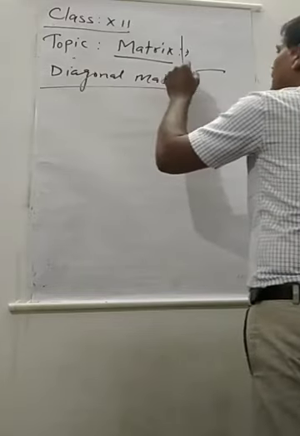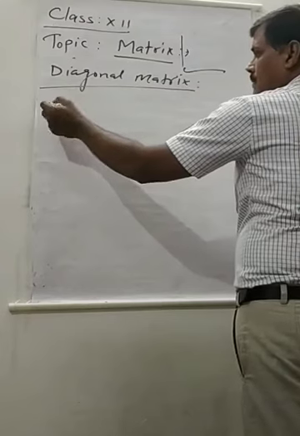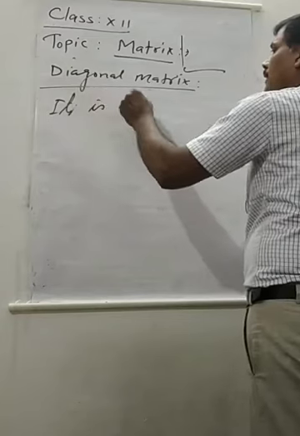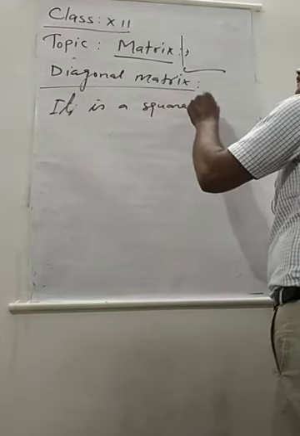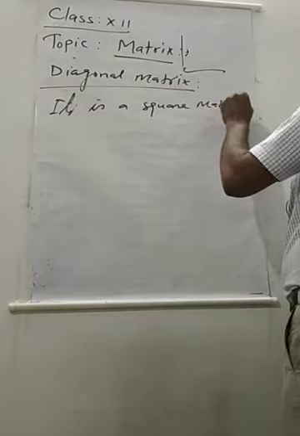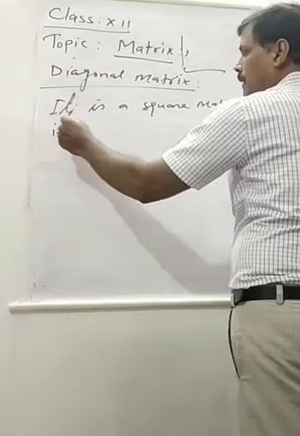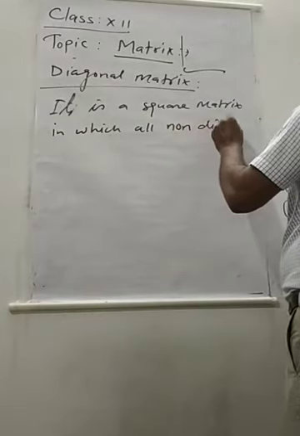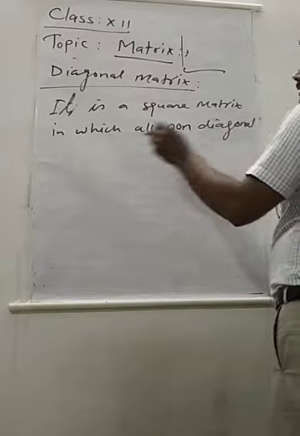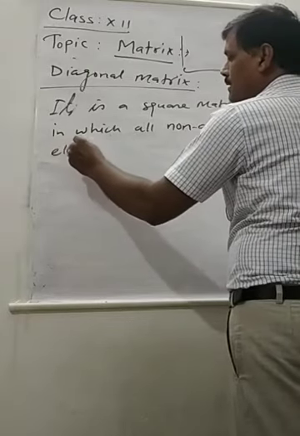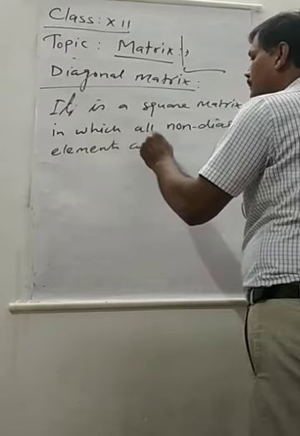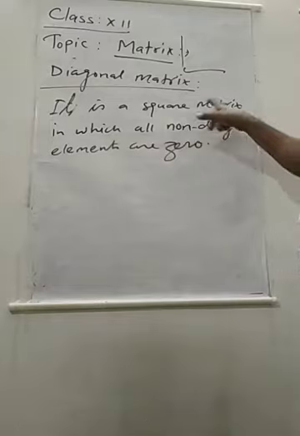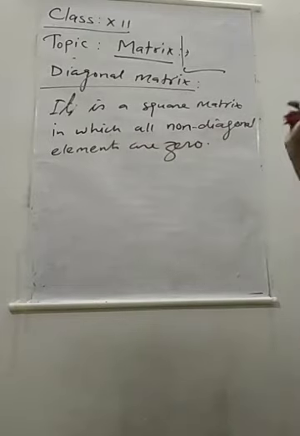A diagonal matrix is that it is a square matrix in which all non-diagonal elements are zero. Try to understand. It is a square matrix in which all non-diagonal elements are zero.